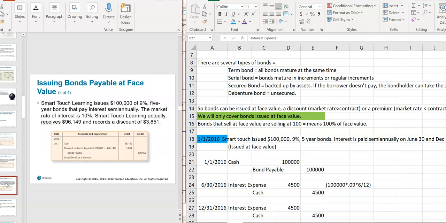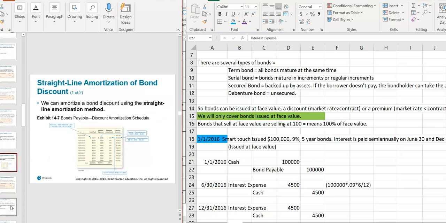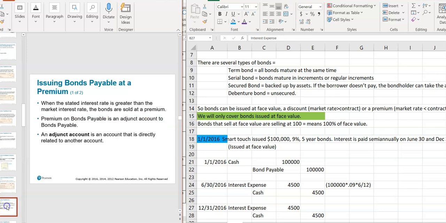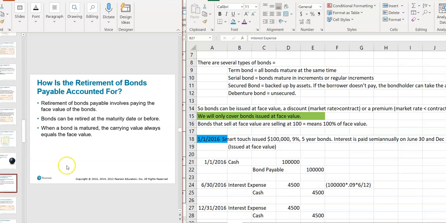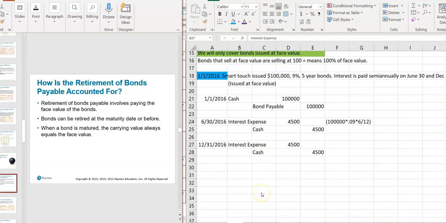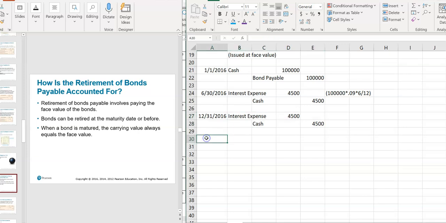Okay, and then we're not doing discounts or premiums. So that is it for bonds for us. And I think that's actually it for the chapter. Oh, well, and when the bonds are paid at maturity, when bonds mature, it's just bond payable and cash for the 100,000, or for the face amount.